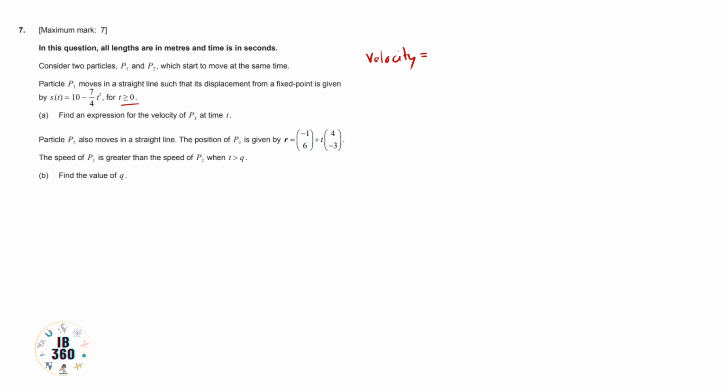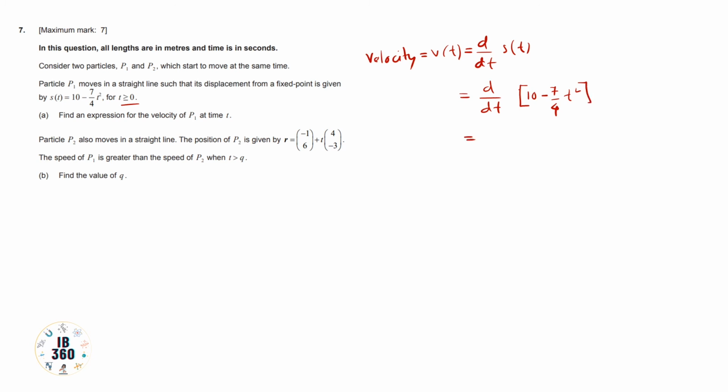it is basically v(t), that is nothing but d/dt of s(t). So we just have to differentiate that. So the value is 10 minus 7 by 4 t square.